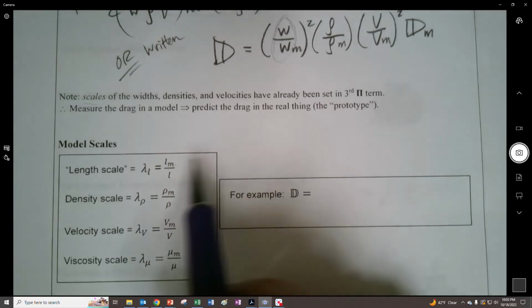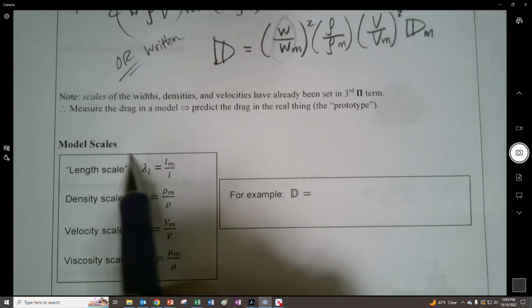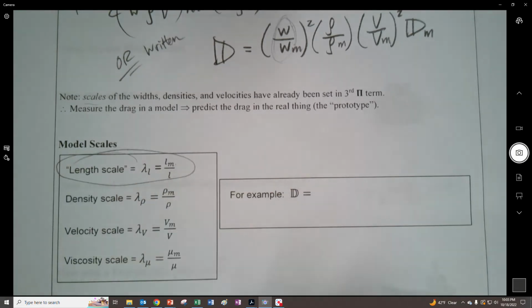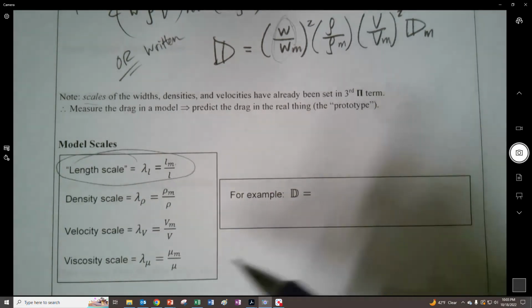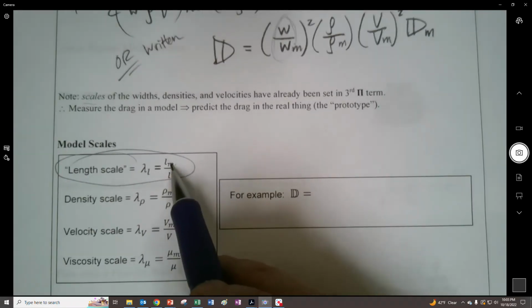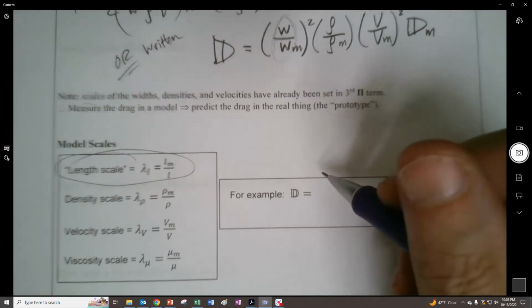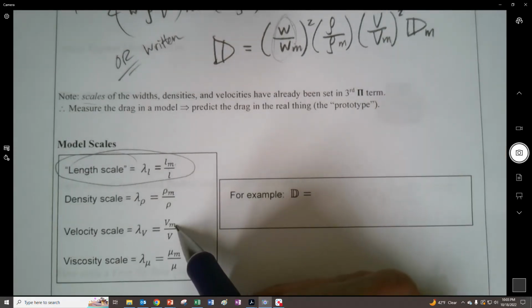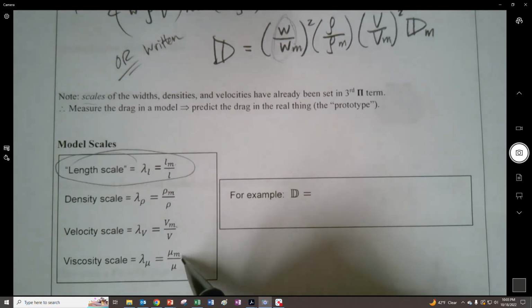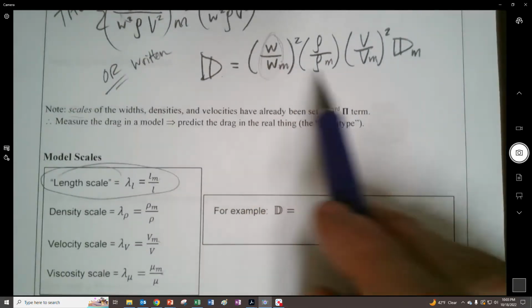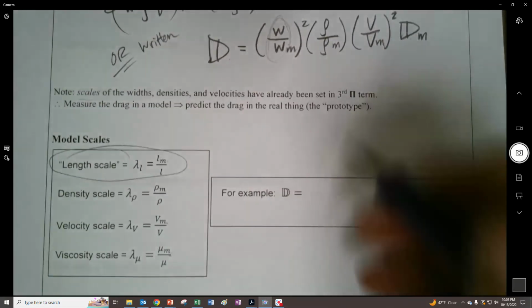If the length scale is probably the most important to us, we would consider the width scale, because that's the geometric scaling, and this would be the kinematic scaling. And truth be told, although it's viscous forces, this is really the force scale, to a certain extent.